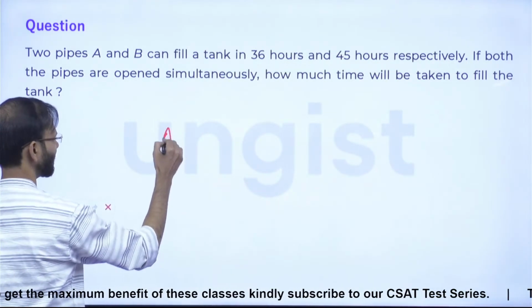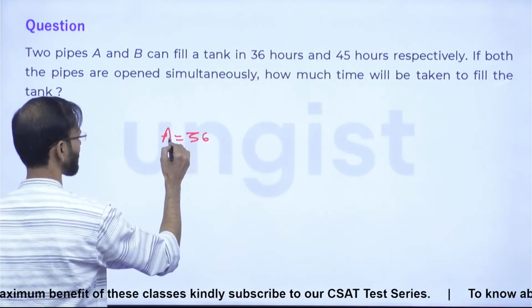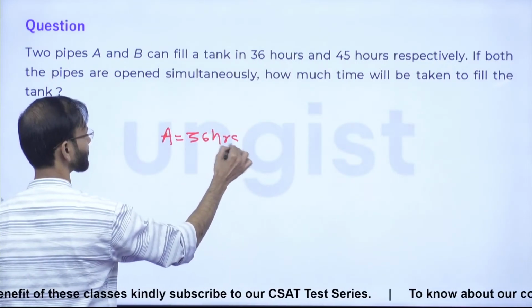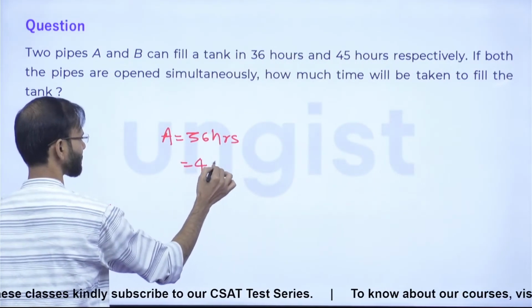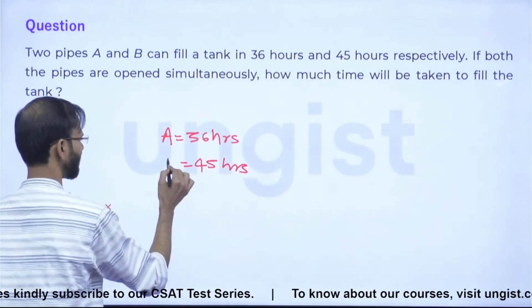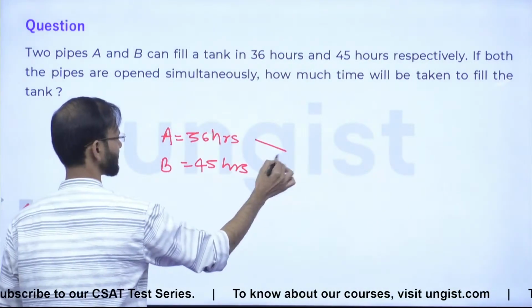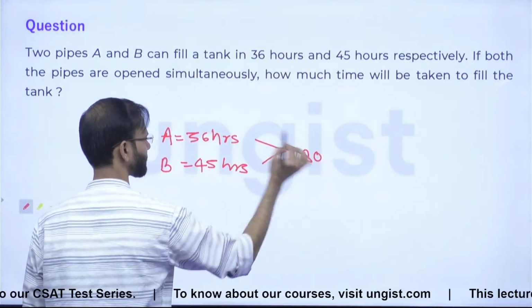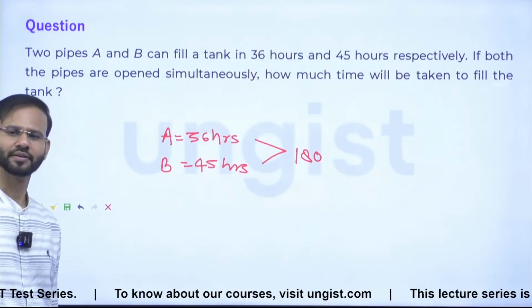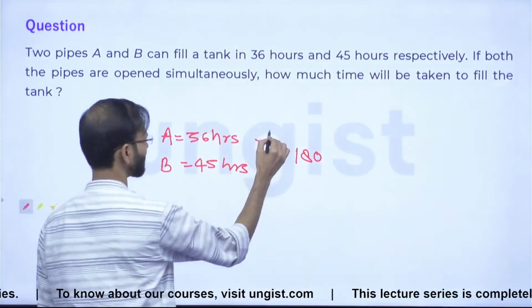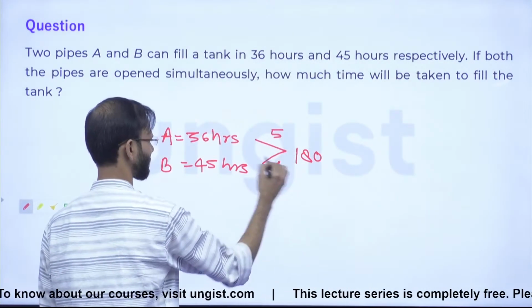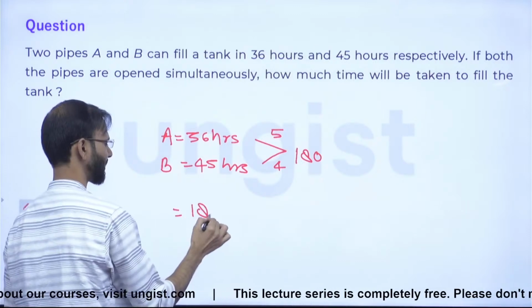Both are inlet, so this is 36 hours and this is 45 hours, right? What is the LCM? LCM is 180. Fine. So this is 5 and this is 4. So both are working simultaneously.